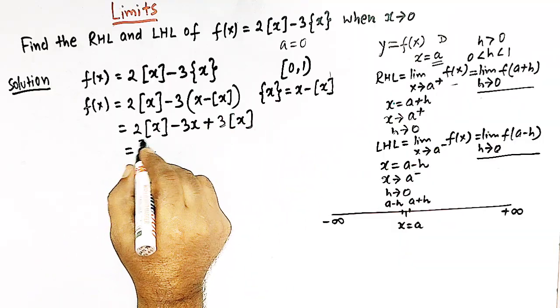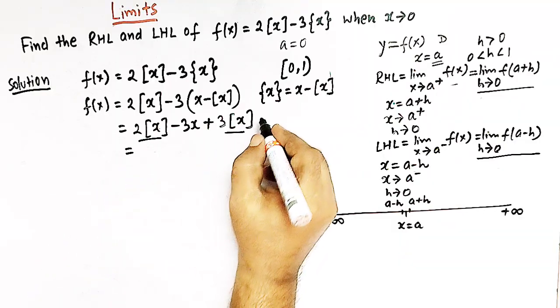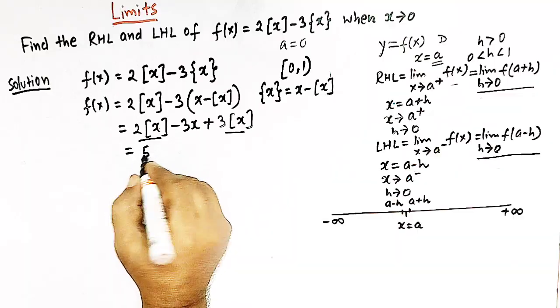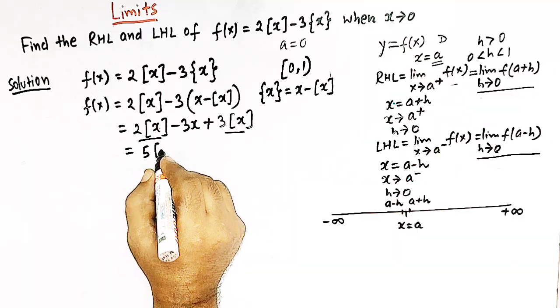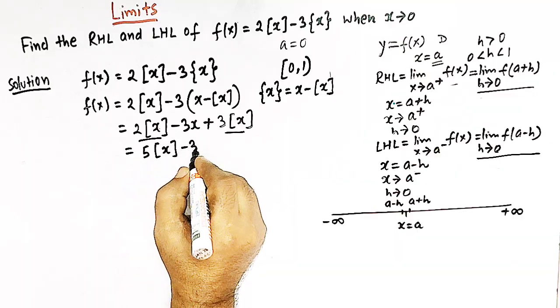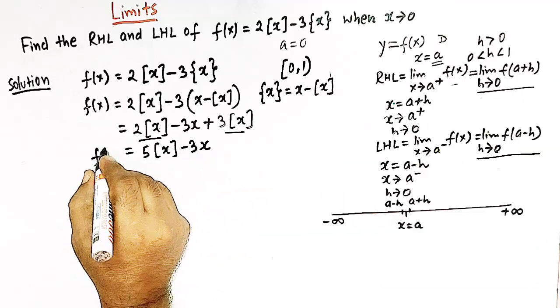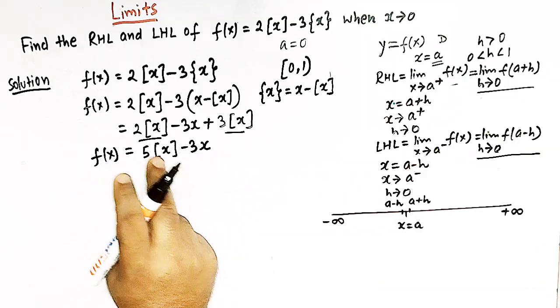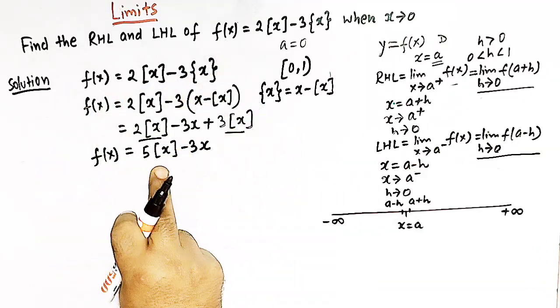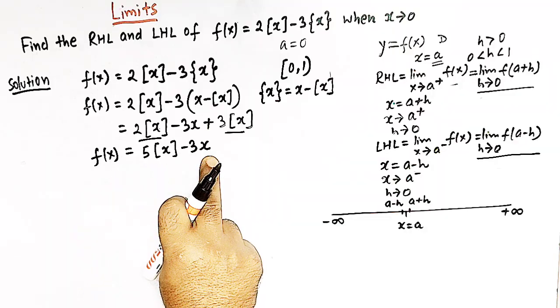We can now add these two quantities, so we have 5 times the greatest integer of x minus 3x. So the simplified form of this function is now given by this expression.